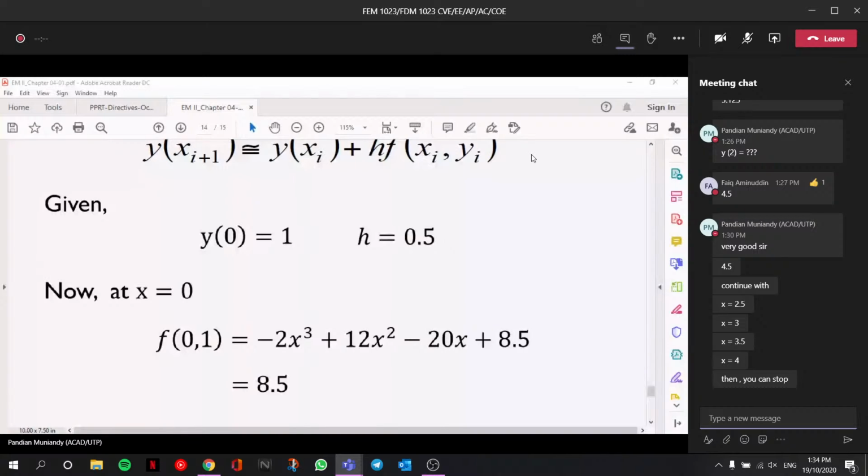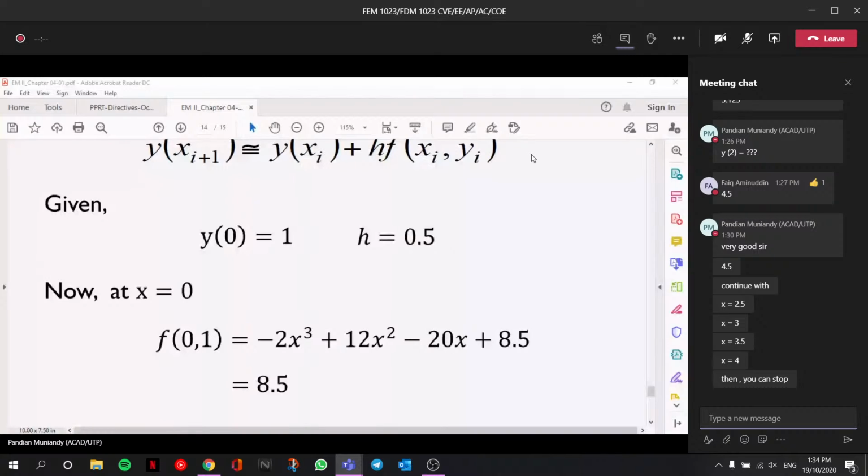The process is like iteration. So you create a table with 2 columns, and then the rows, first row x, y, second row x 0, y 1, third row x 0.5, 5.25. Like that you complete until x equals to 4. Then you see the y output.